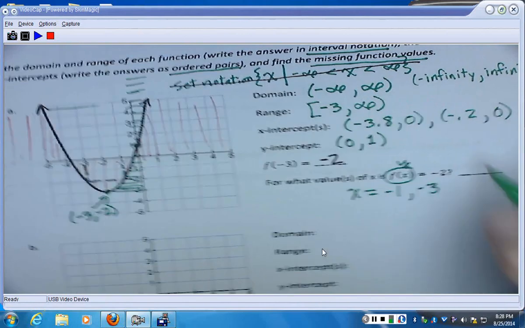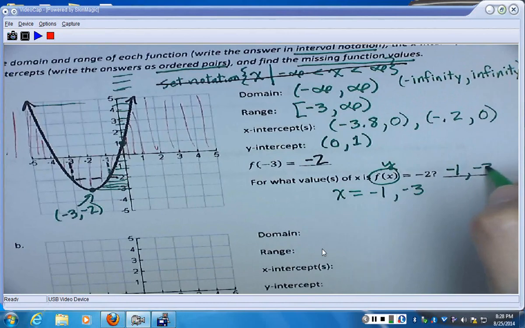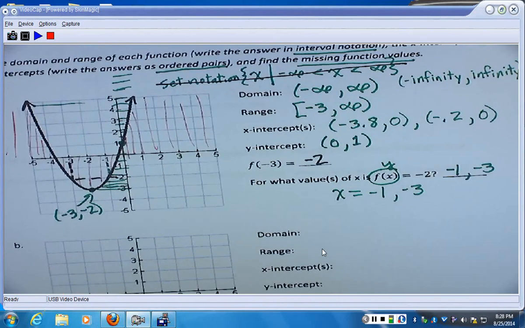Or you could put this blank, negative 1, negative 3 with a comma, because I do have a blank there. So that's fine.